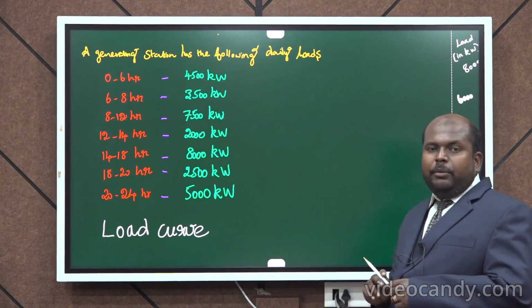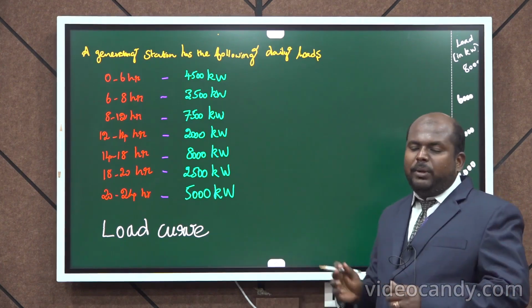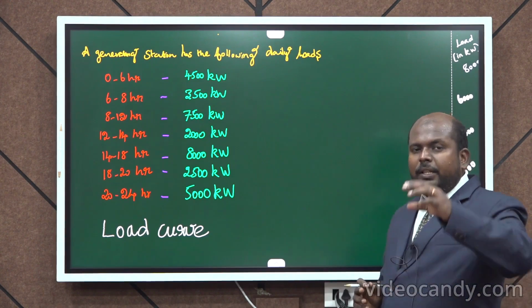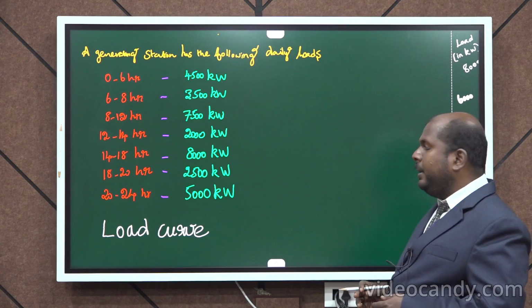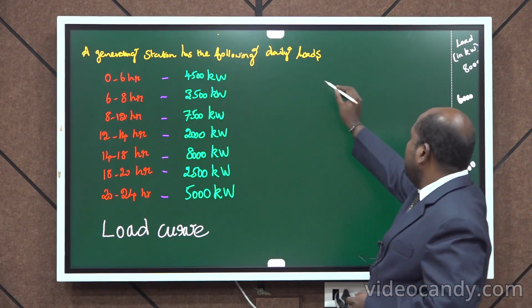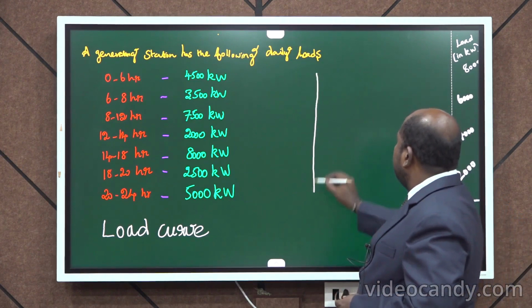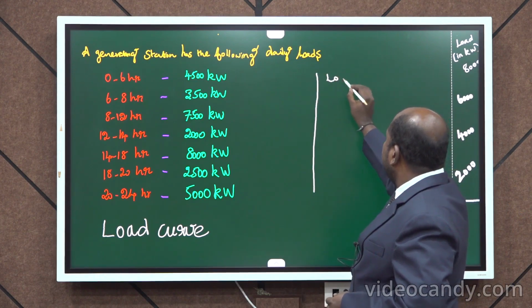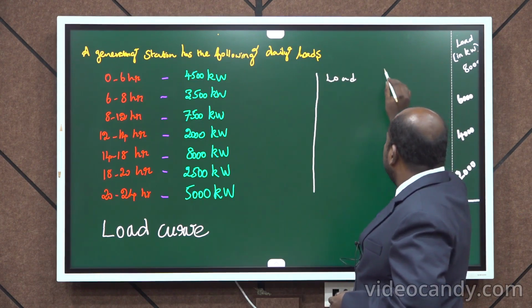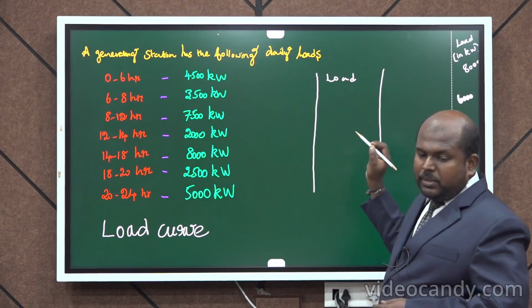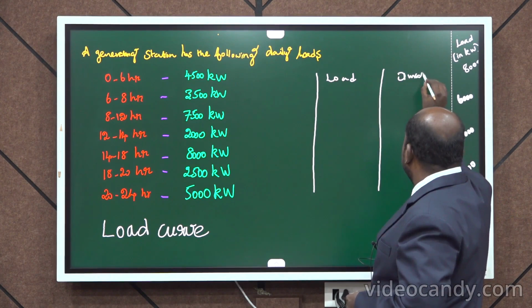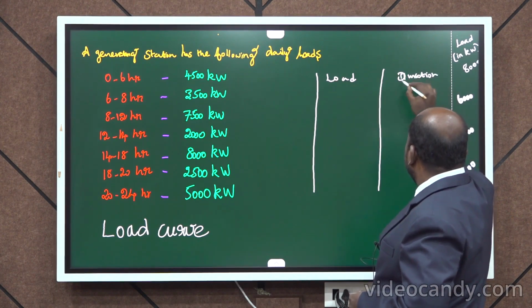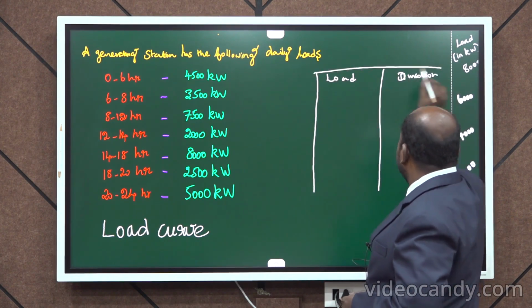Here I am going to tabulate everything in descending order, with the load depicted in the first column and the time in the next one, duration. Load versus duration.